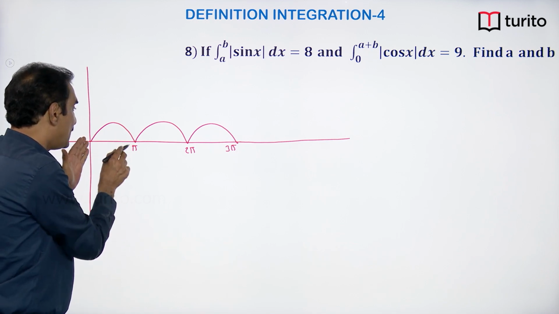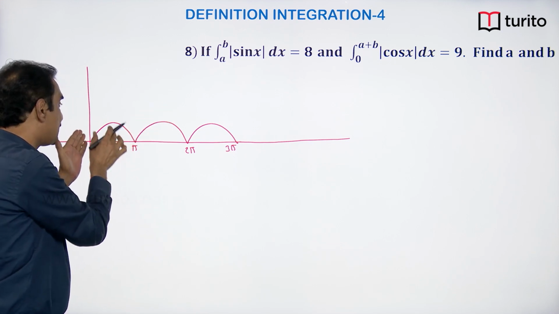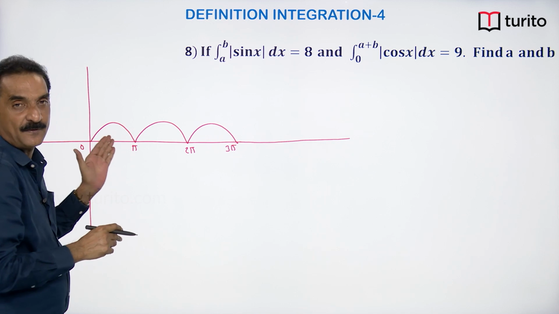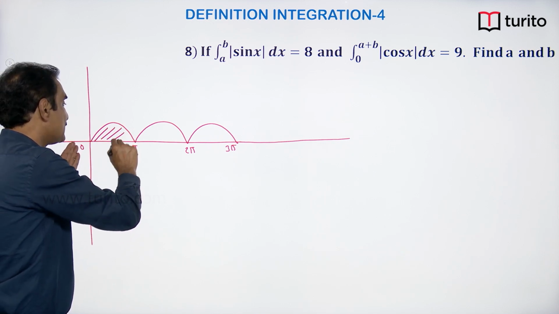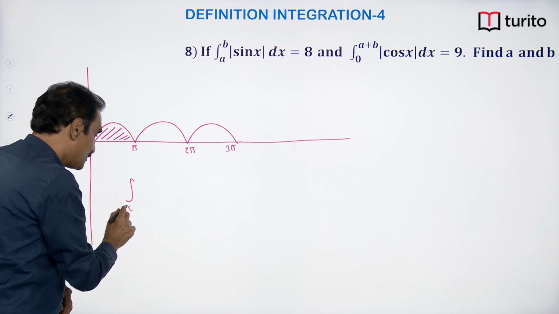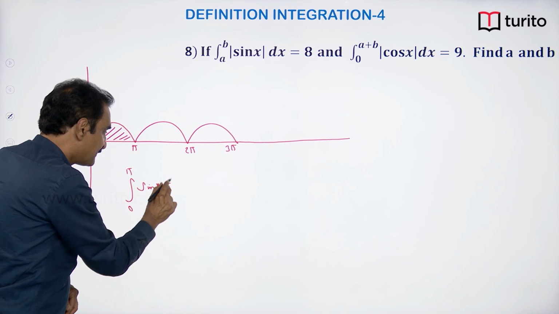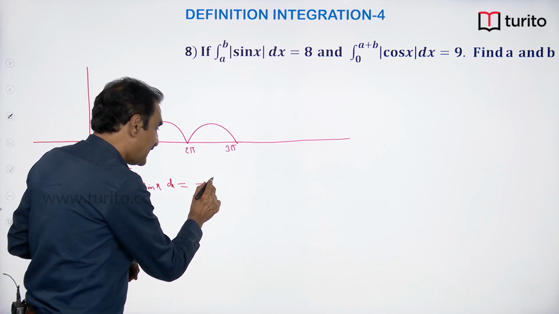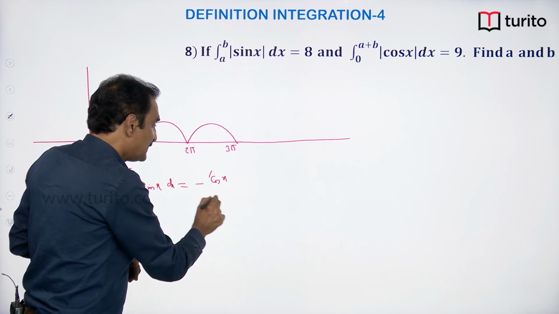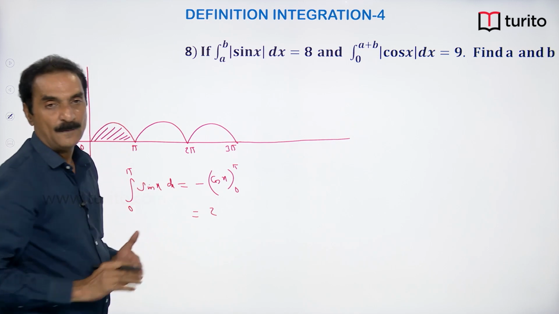So this area, the complete curve is above the x axis, and this area is exactly equal to integral 0 to pi f of x dx. And what is this area? Let us calculate. Integral 0 to pi sin x dx. Integral of sin x is minus cos x. Substituting limits 0 and pi, you are going to get 2.